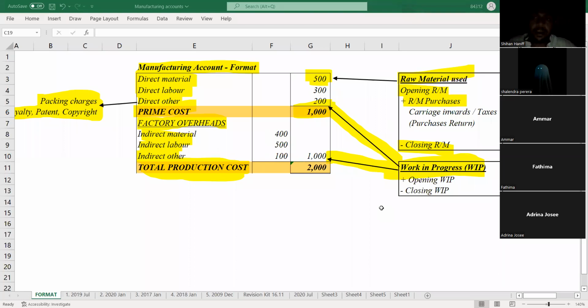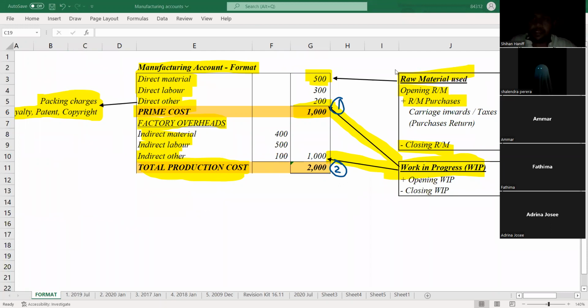Only a part of the product is complete. So that is called work in progress. Right. So this work in progress, either we have to adjust it to the prime cost, or else we have to adjust it to the total production cost.